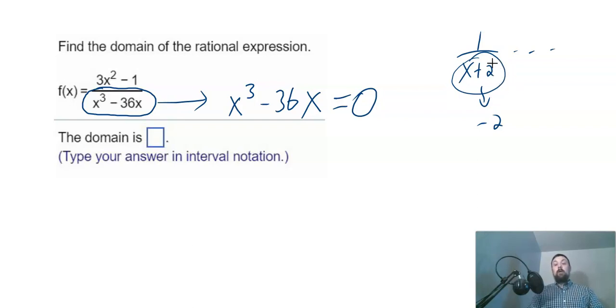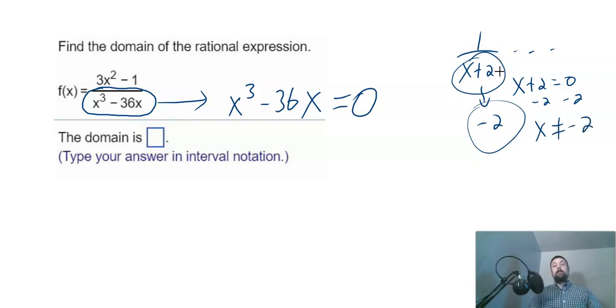If I want to know when this denominator would equal 0, I would set that denominator equal to 0 and then solve for x, and it would tell me x equals -2 is what would make this equal 0, which means I don't want that. I don't want x to equal -2 in this fraction because I don't want to divide by 0, because it leads nowhere. It's a dead end, right?